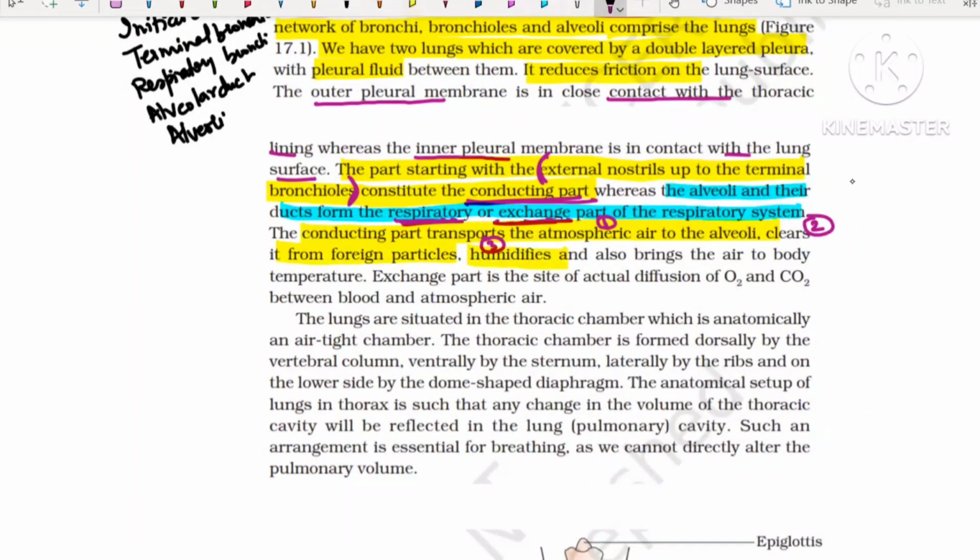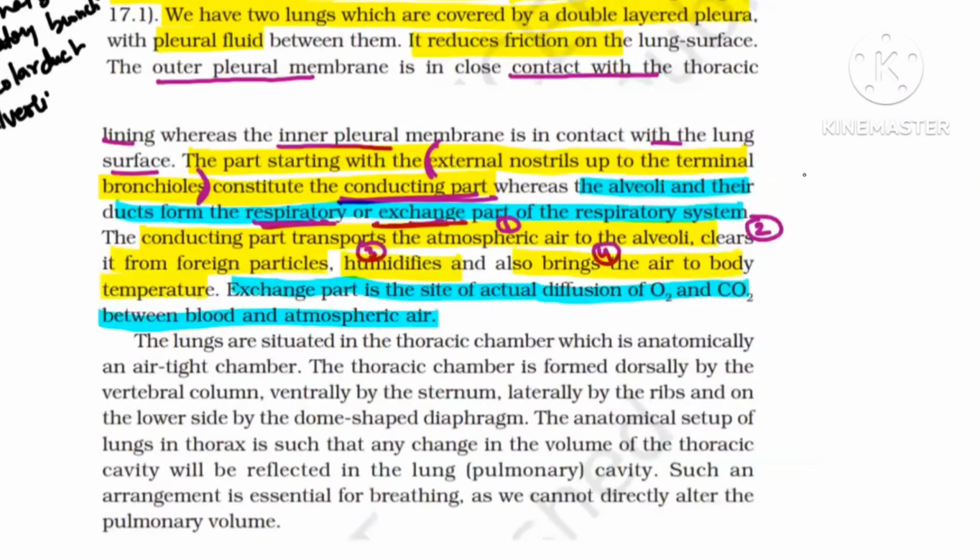And number four, it will bring the air to body temperature. These are the functions of the conducting zone. What is the function of the exchange part? The exchange part is the actual site where the exchange of gases occurs between the blood and the atmospheric air. So in this video, I tried to explain only the respiratory tract.